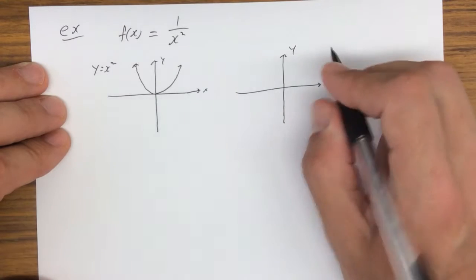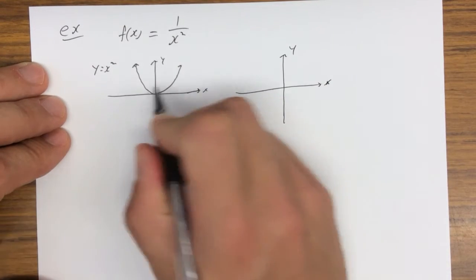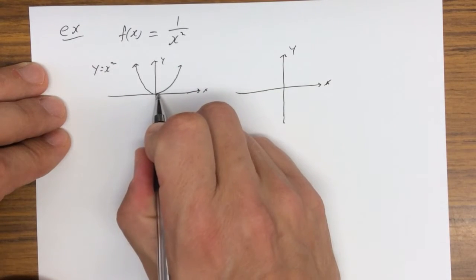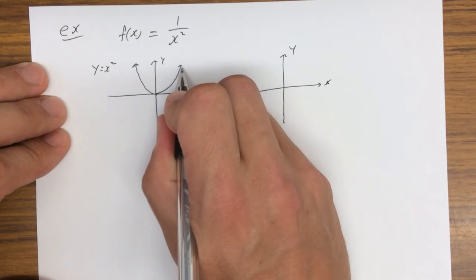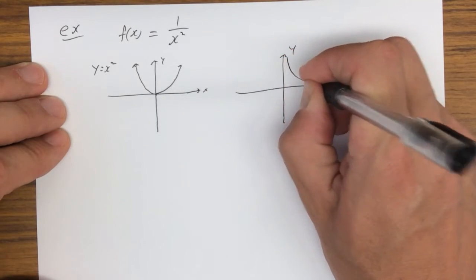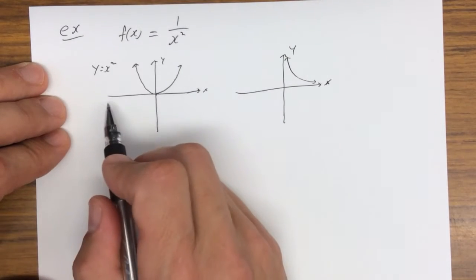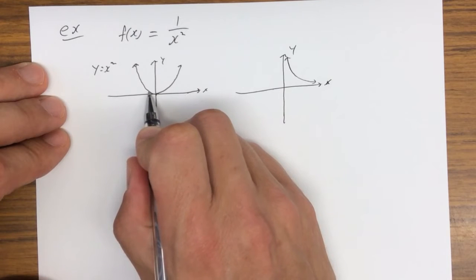So 1 over 0, 0 is the y value here. 1 over 0, well, it's undefined. Can't have anything. 1 over a really small value of y here is going to be big. And 1 over big y values here are going to be small. So you end up with this, just like the 1 over x function, but the other side is a little bit different. 1 over the y values here, well, they're all positive here.